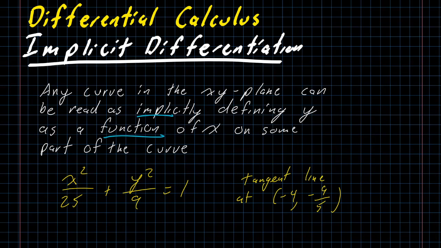But let's say that I wanted to find the equation of the line tangent to this curve at the point (-4, -9/5). Well, we know that this is implicitly defining y as a function of x on the third quadrant where this point exists. And we know that if we have y as a function of x, that we can find the derivative and use the derivative to write the equation of a tangent line. And that's what we want to do here.